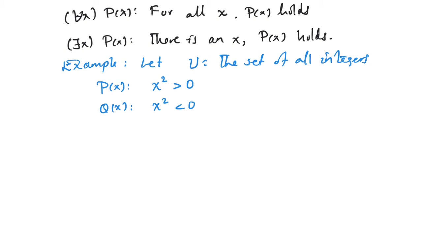Now for the first one, for all x, p of x is false. Do you know why?